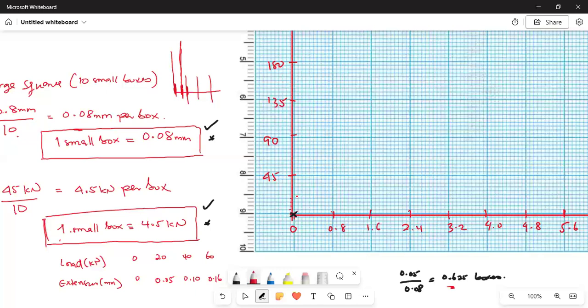So somewhere in the middle there, I can have this point. Don't worry. Let's go to the next point. 40 and 0.1. The 0.1, when I take it, I divide by this. Always divide by this. So 0.1 divided by 0.08 is 1.25.